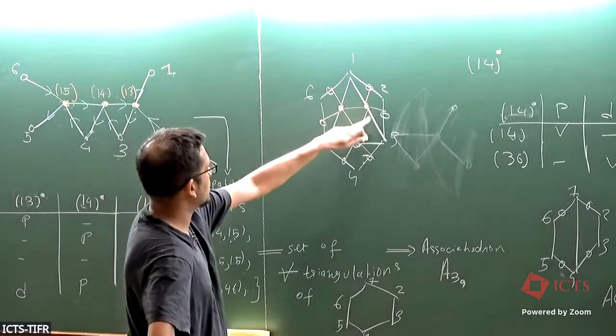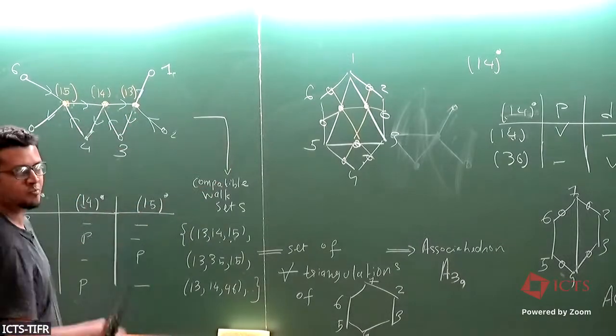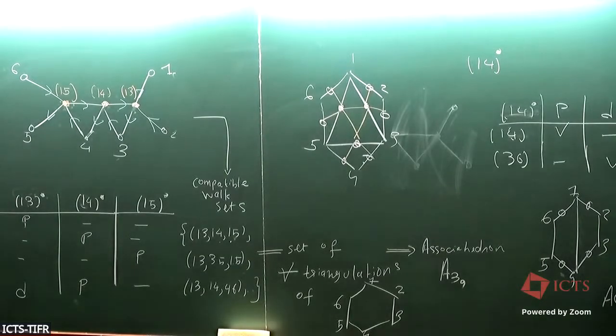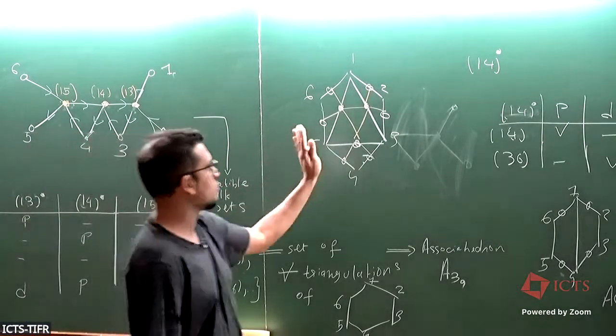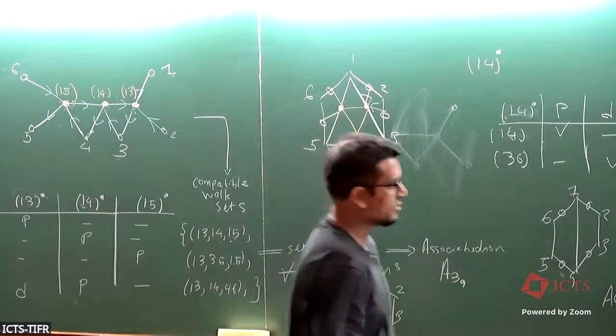It doesn't have to be linear, and you would still get nice Associahedra characterization. The algorithm is exactly the same. There's no new subtlety. Take all this orientation, peak, dip, etc.